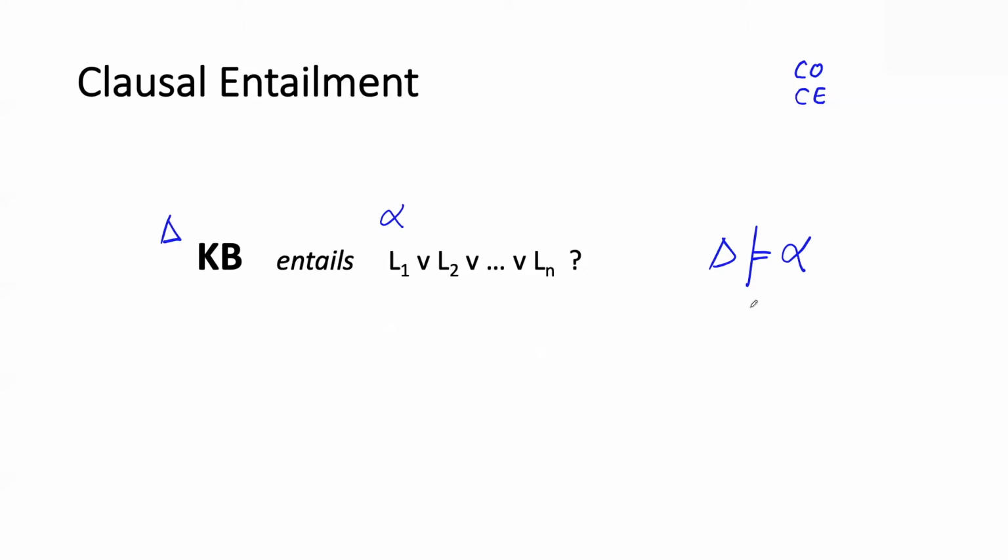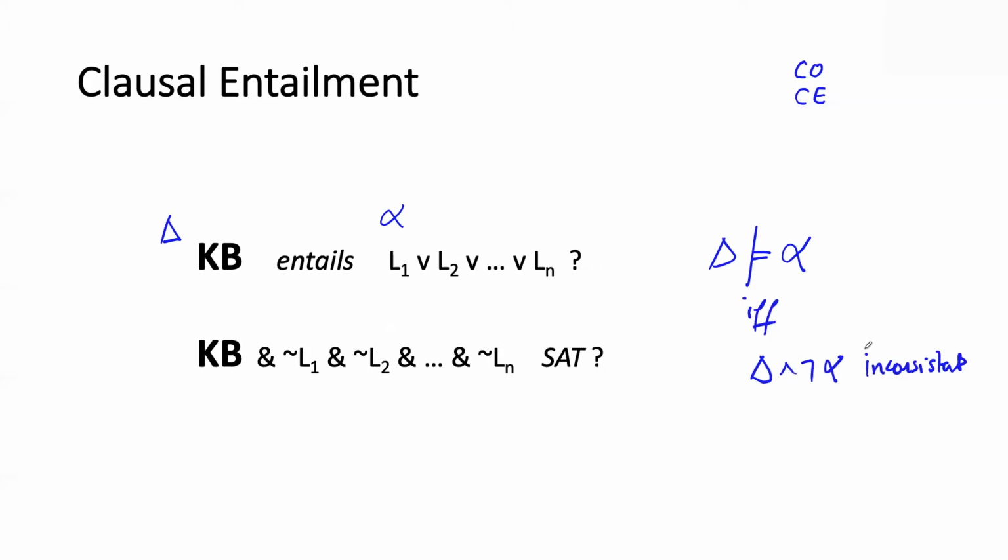To do this, I need to check if this guy and the negation of that is inconsistent, right? That is, I check the satisfiability of this. If this is not satisfiable, then I've shown a contradiction, and then I will say, yes, the clause does follow from the knowledge base. So let's see how we can do this, because now you say, well, good, we reduced it to SAT. I know I can do SAT on these circuits easily, so pretty much I'm done.